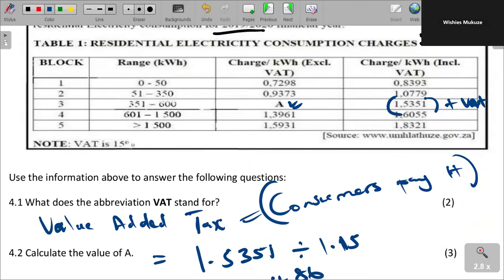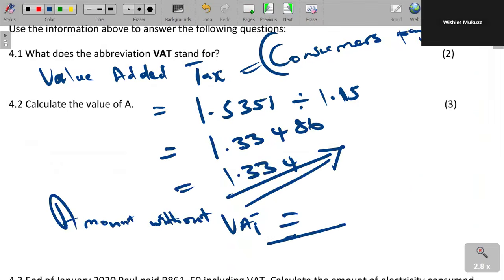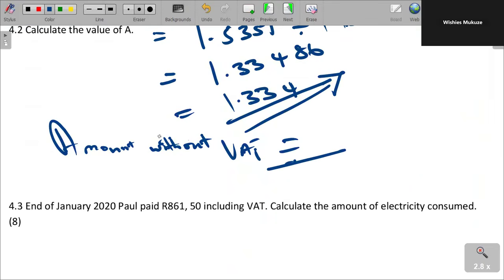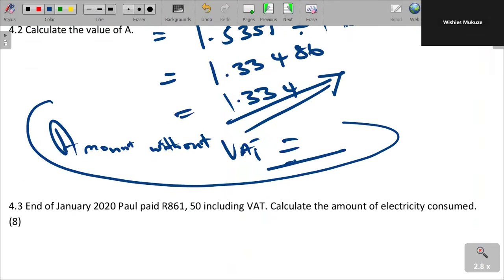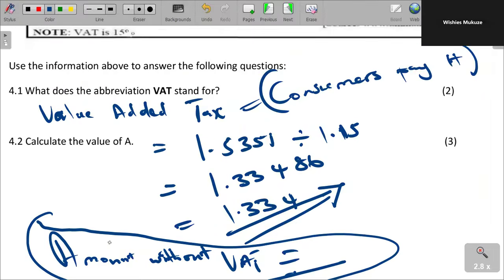So the one with the VAT, we divide that number in order to remove the value added. That is where this is all coming from: the amount with VAT divided by 115%, which is 1.15. 115 divided by 100 is 1.15.